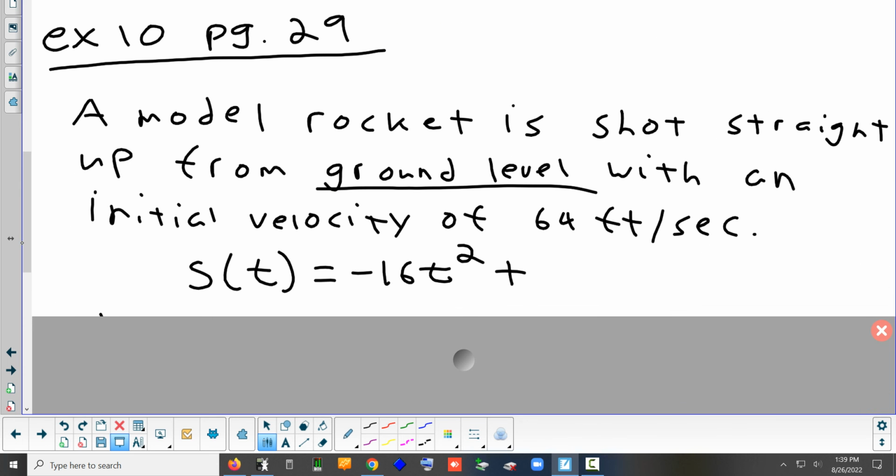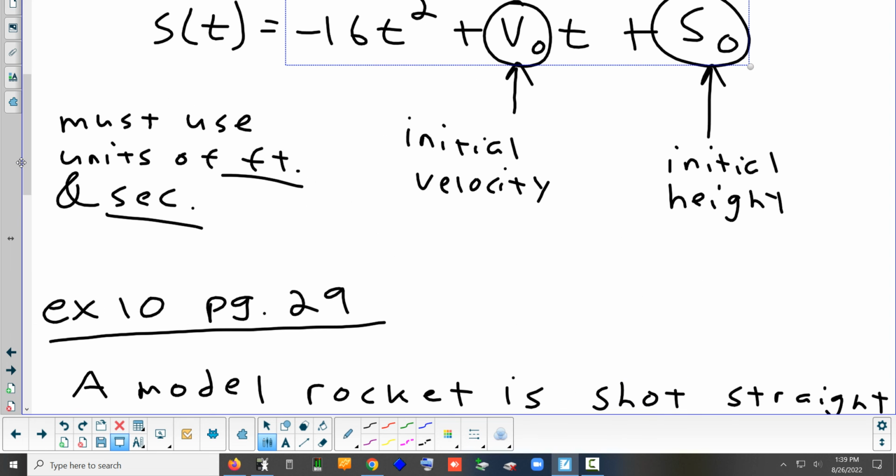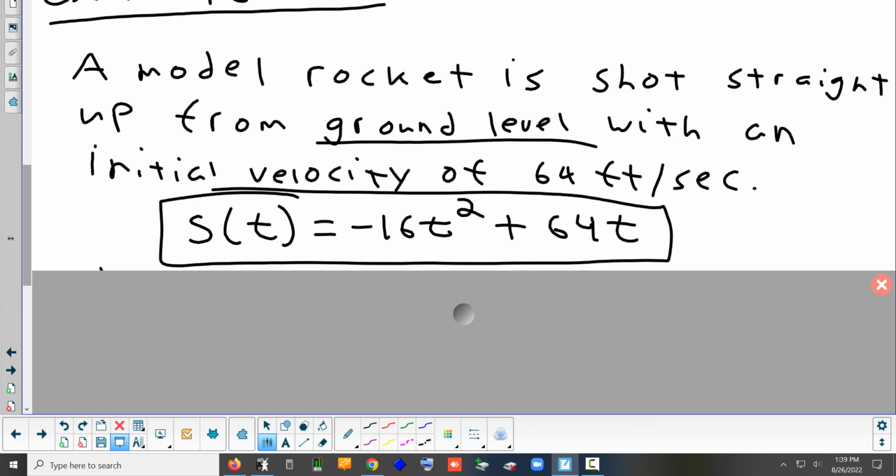What's the initial velocity in this case? 64t. Normally I would put a plus and then the initial height on the end. But there is no initial height. It's 0, so you don't need to put plus 0. So here's your equation that models the rocket.